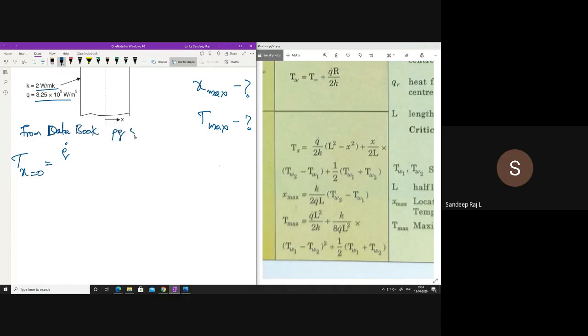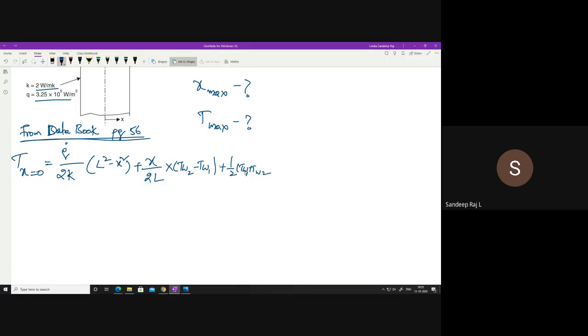From the data book, the page number is 56. Keep writing this, because if you don't have page numbers with you while referring to your notes, it will be of no use to you. So the page numbers are very important. Please keep writing the page numbers. Even if I miss, you remind me, I will write it for you.